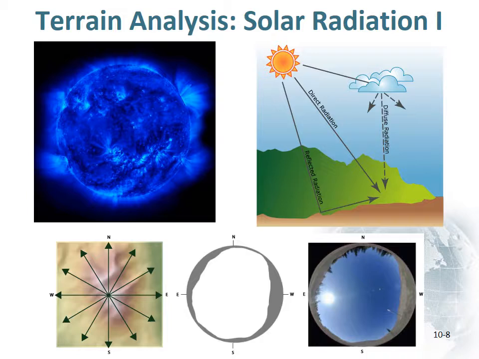So what this tool does, the Solar Analyst tool built into ArcGIS, it's going to look at each individual cell. So down on the bottom, the 3 diagrams down there, it's going to look at each cell and say, what is its configuration related to everything around it? What does the sky generally look like around it? So what we're seeing there in the middle and the right, it's as if we put a special kind of lens in a location and looked up at the sky.